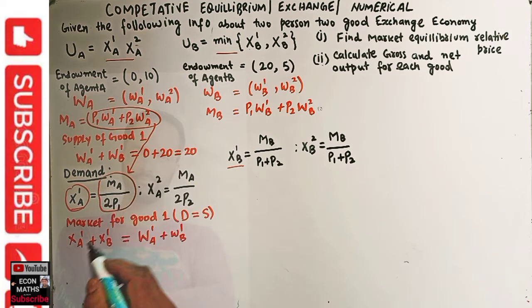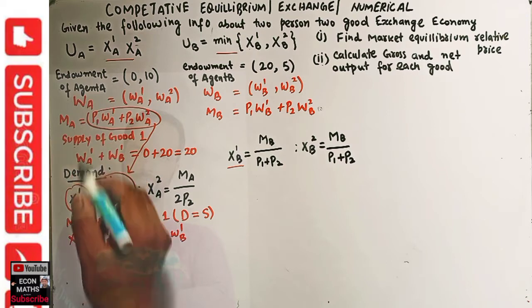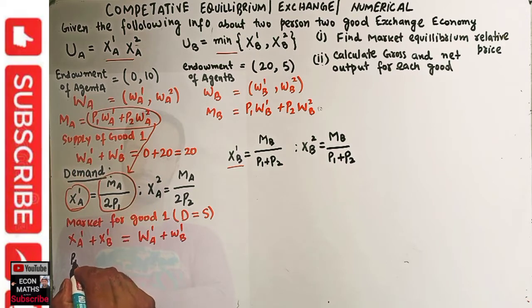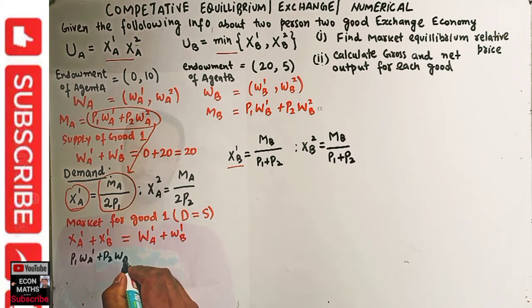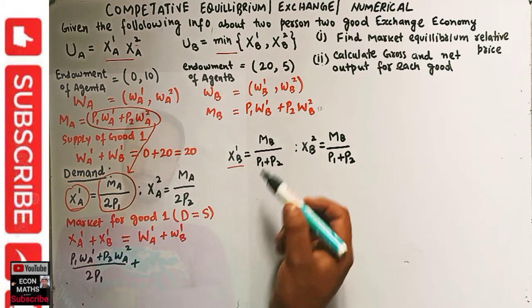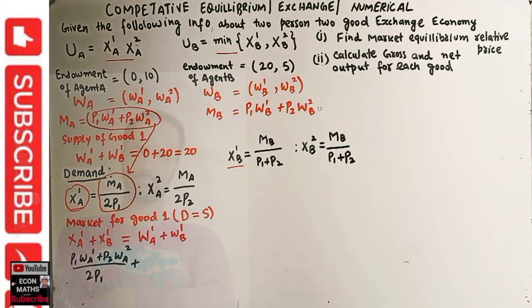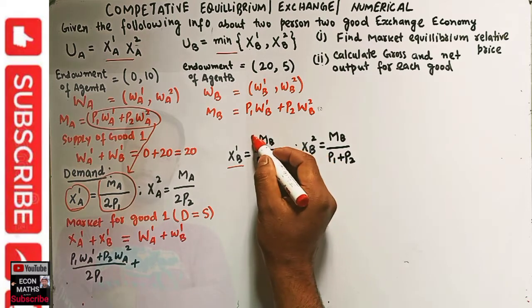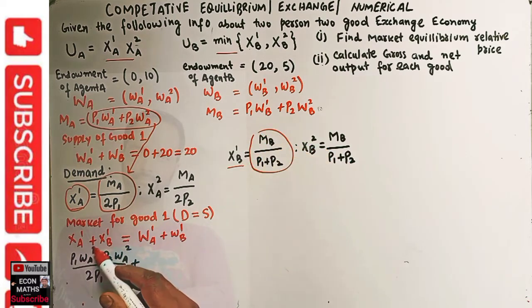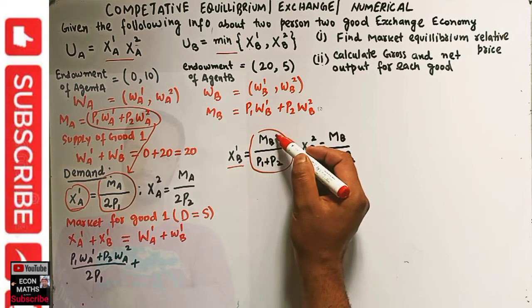So in place of MA, ma is p1 wa1 plus p2 wa2. Okay, this is ma divided by 2p1, plus what is x1b? x1b is this mb. Okay, so this is x1b. I just want to substitute this here, and mb is equal to this.